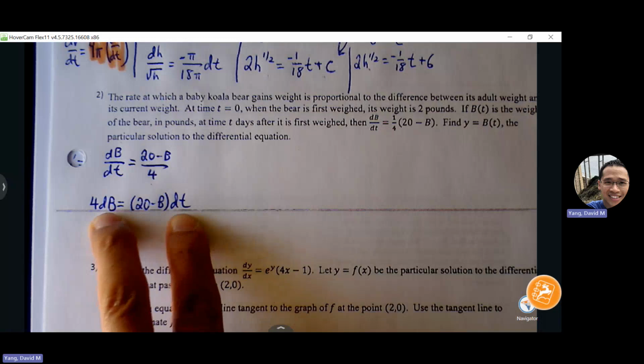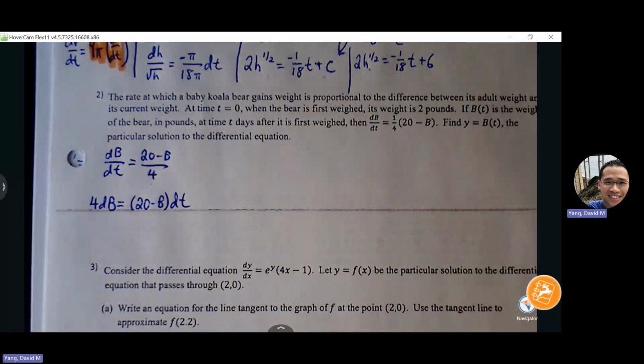And I like to do this cross multiplying just so that I have my dB and dt locked in. I know those are my anchors. Now I can worry about separating variables, right? I want my independent on the right. I want my dependent on the left.